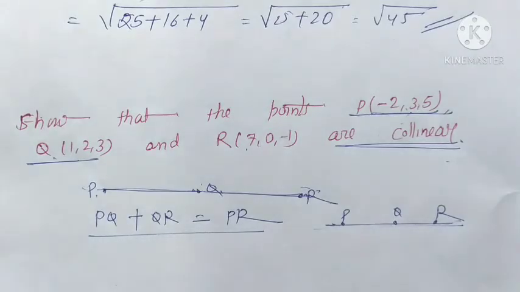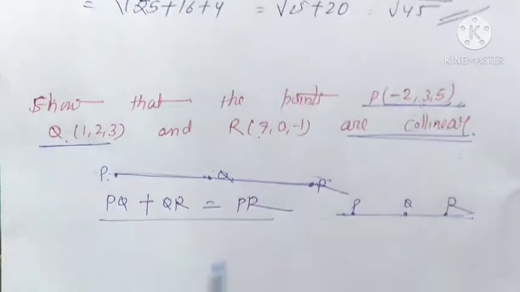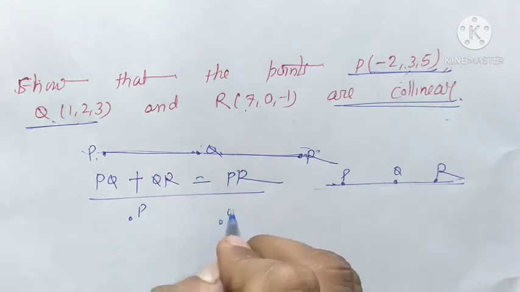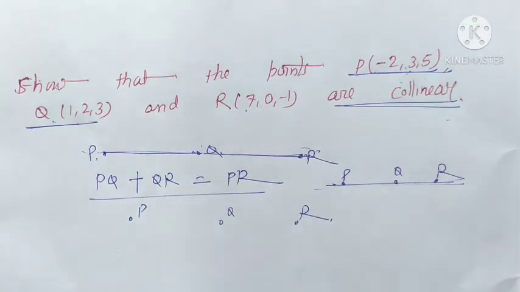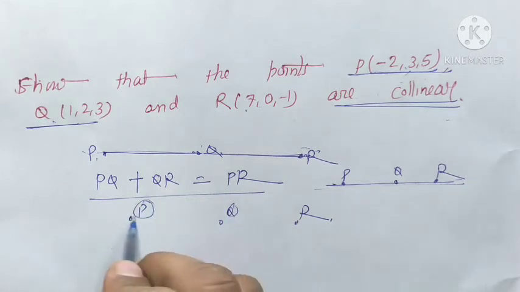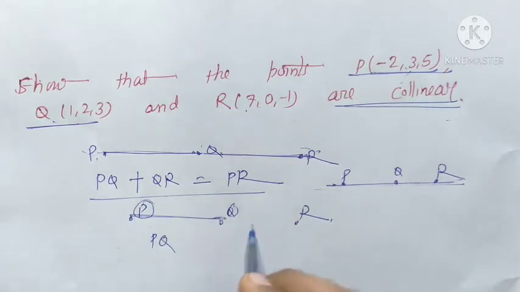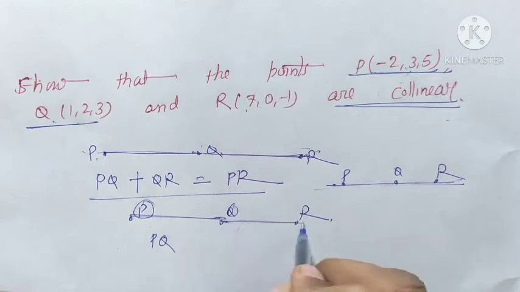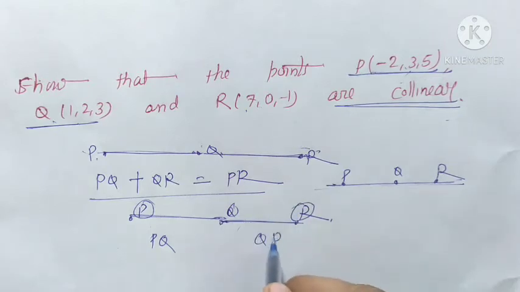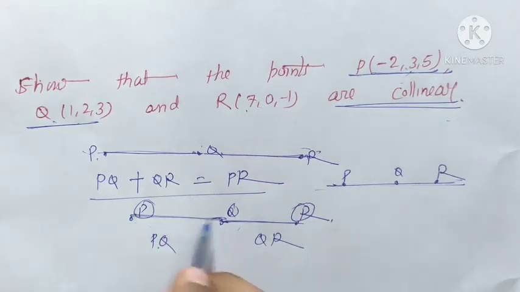So firstly, we take any 3 points P, Q, R in space. Firstly we find the distance between these 2 points P and Q, and then we find the distance between these 2 points Q and R, and now we add both these lengths, I mean PQ and QR.